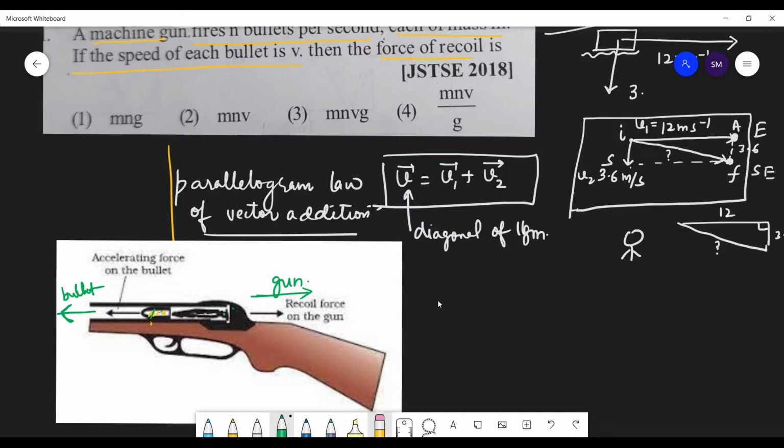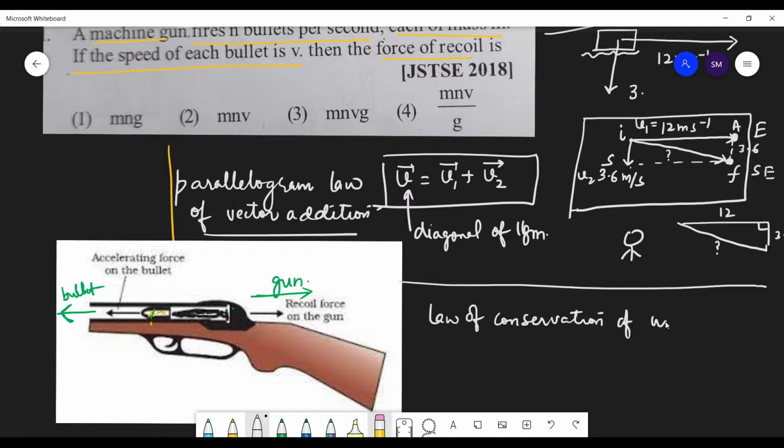And here I'm giving you the hint that the law of conservation of momentum is used.